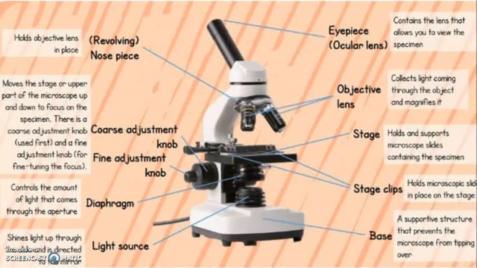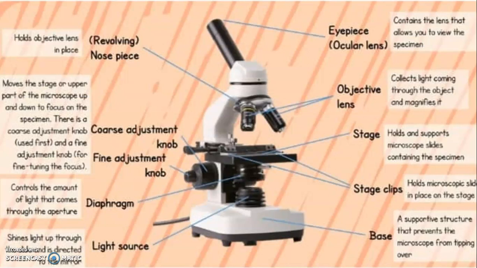In summary, the eyepiece or ocular lens contains the lens that allows you to view the specimen, while the objective lenses collect the light coming through the specimen and magnify it. Another is the revolving nosepiece, that holds the objective lenses in place.